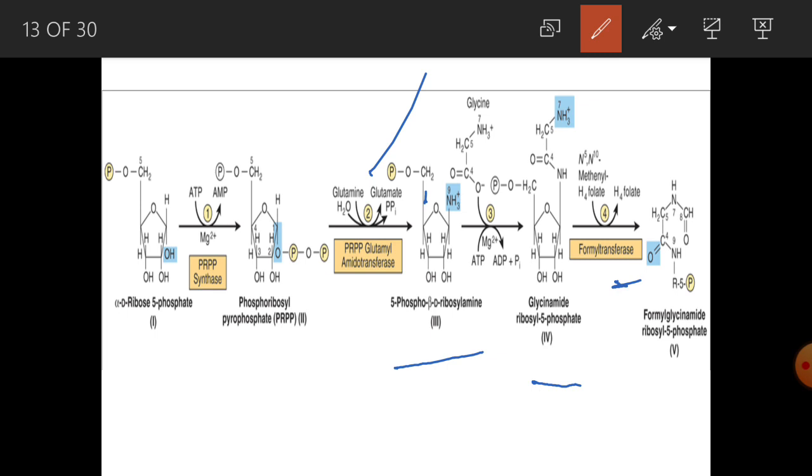Then in the presence of formyl transferase and this N5 N10 methenyl tetrahydrofolate, there is transfer of this formyl group and we get formyl glycinamide ribosyl 5-phosphate. So, a big name. The next step is the 5th step.